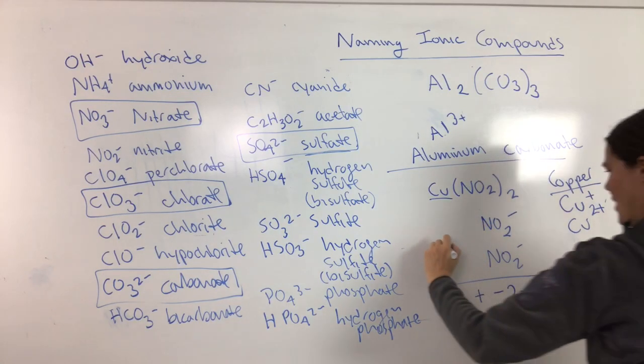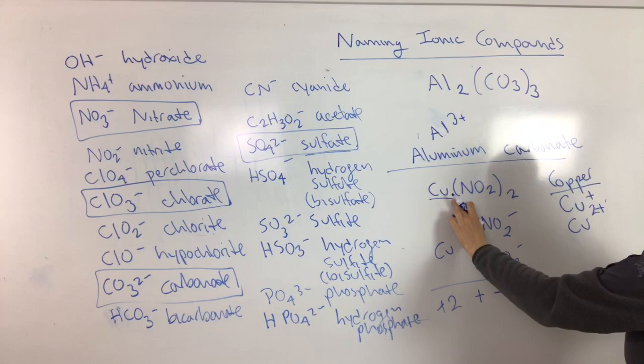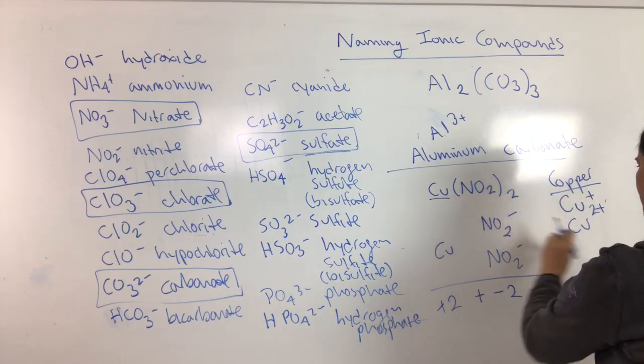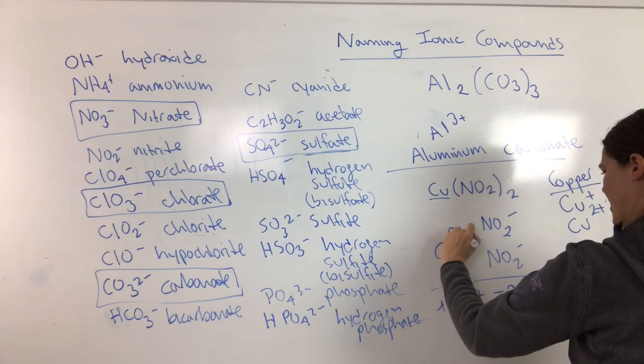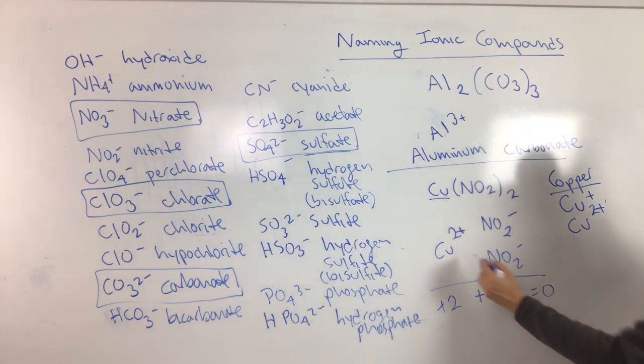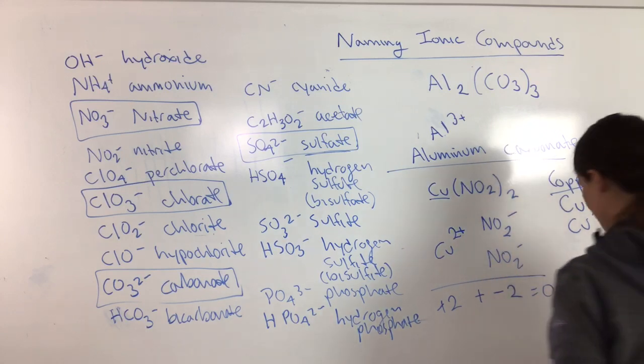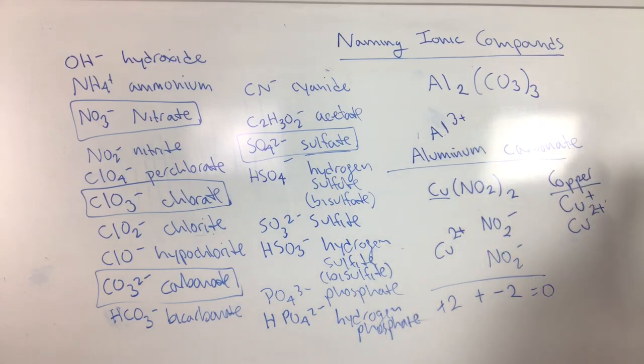So we have 1 copper, there's no subscript here, so we only have 1 copper. And we know that the charge on that copper has to be 2+, because the charge on the copper has to balance out the charge on these nitrite ions.